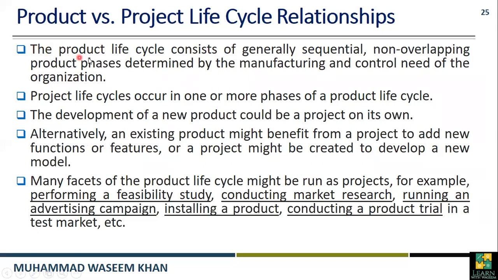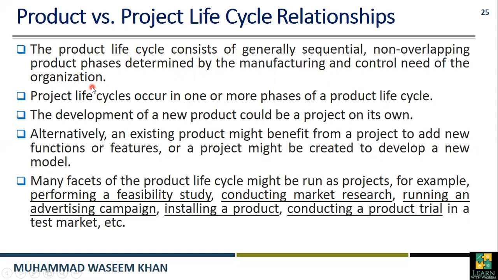Okay, now the product life cycle. The product life cycle consists of generally sequential and non-overlapping product phases, and these phases are determined by the manufacturing and control needs of the organization.